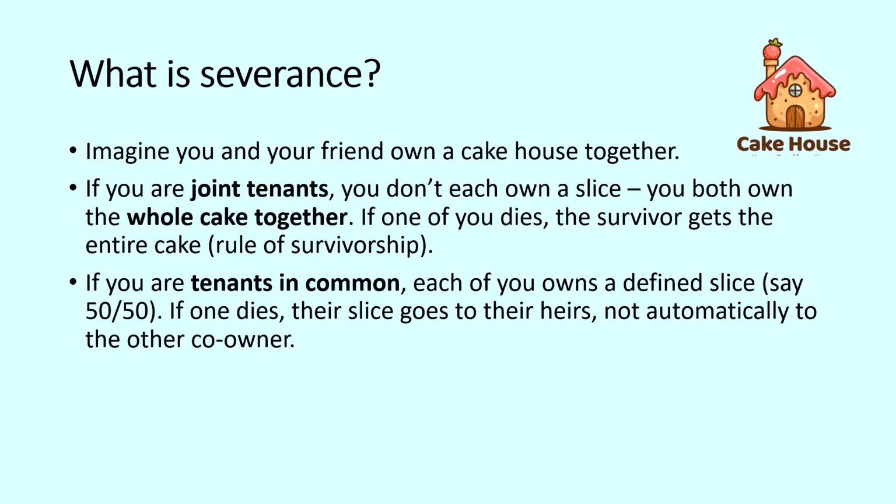So it could be that each of you own half of the cake, or it could be that one only owns a very slim slice of the cake and the other one the lion's share, because they made bigger contributions towards the deposit and mortgage payments and so on.